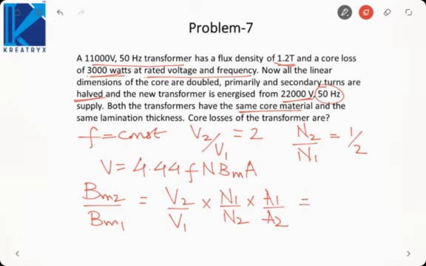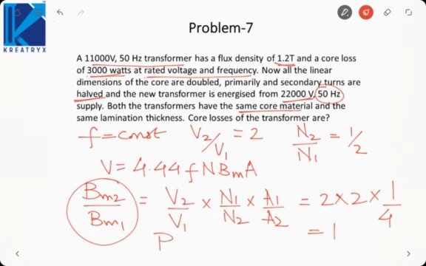V2 by V1 is 2, and N1 by N2 is half, saying the turns are halved. N1 by N2 is 2 because N2 by N1 is half. Now since dimensions are doubled, area will become 4 times. So A2 by A1 will be 4 and A1 by A2 will be 1 by 4. So it will be 1. That is, magnetic flux density is also constant.